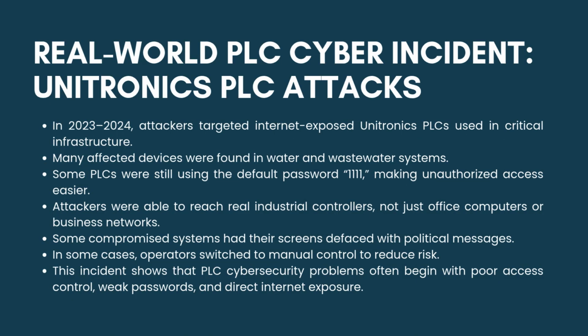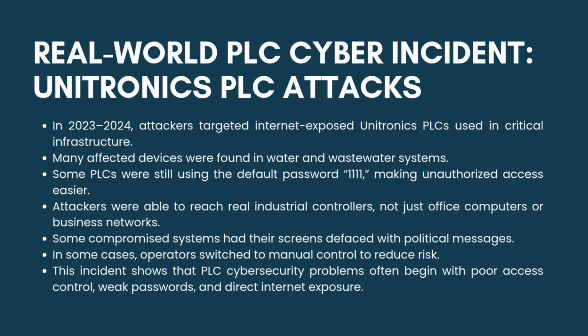Here is a real-world example of PLC cybersecurity issues. In 2023 and 2024, attackers targeted internet-exposed Unitronics PLCs used in critical infrastructure, including water and wastewater systems. Many of these devices were vulnerable because of weak security settings, including default passwords.